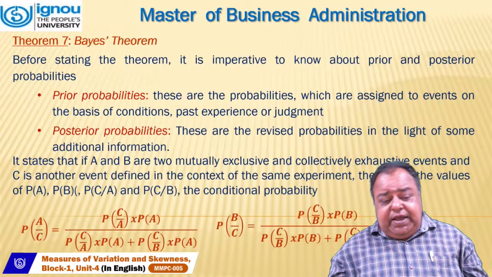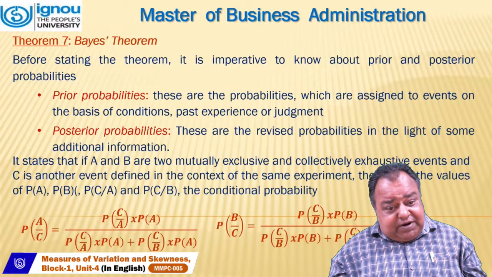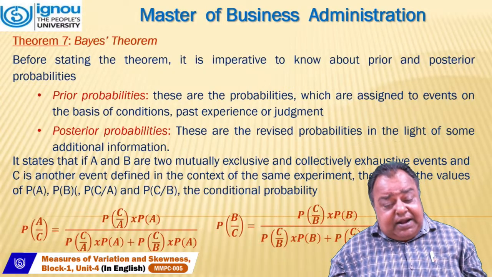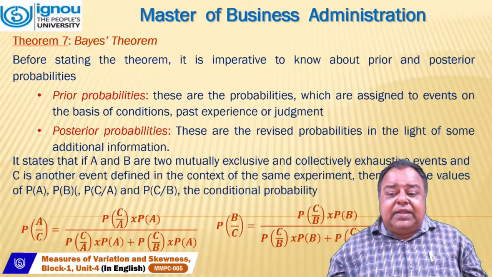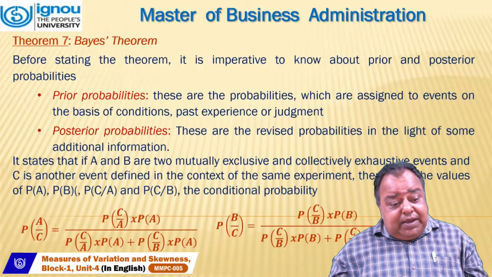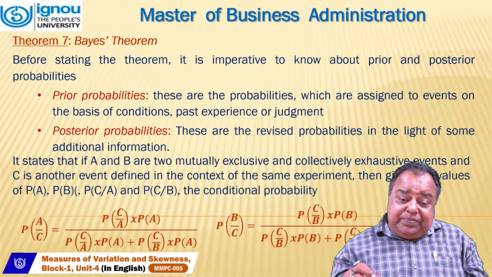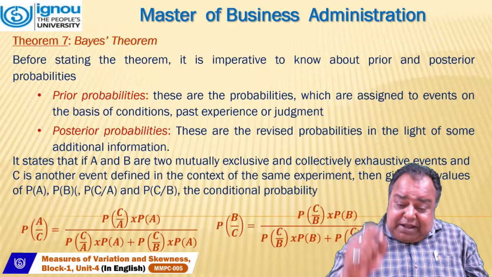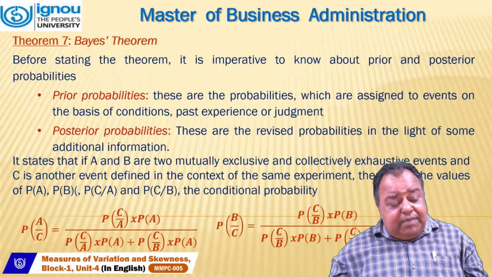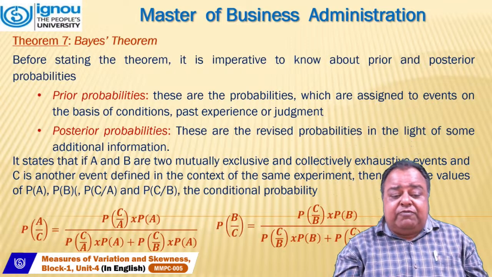It states that if A and B are two mutually exclusive and collectively exhaustive events, and C is another event defined in the context of the same experiment, then we first have to evaluate P(A), P(B), P(C by A), P(C by B). Mathematically, the conditional probability is evaluated as P(A by C) is equal to P(C by A) into P(A) upon the summation of both.